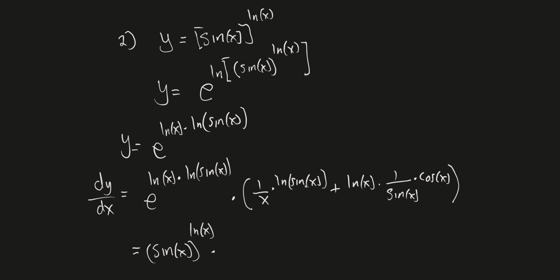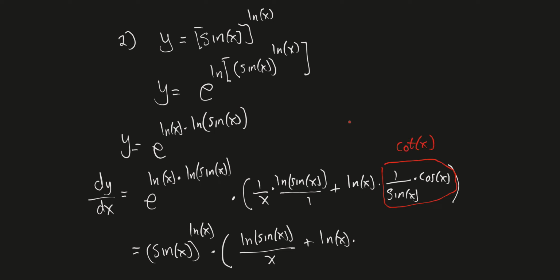And then I can write this as a single fraction: the numerator is the ln of sine of x, and then that's over x. And then over here I have the ln of x times cosine over sine, that is cotangent. So we can simplify this just a little bit by replacing it with the cotangent of x, right?